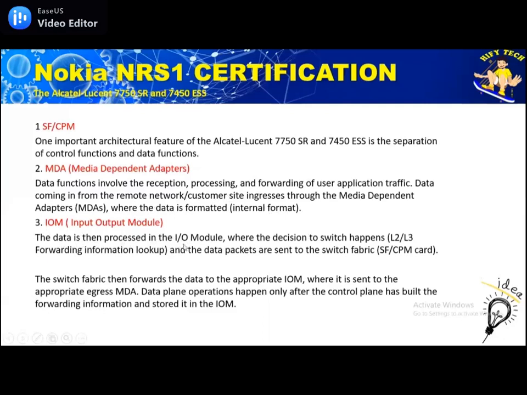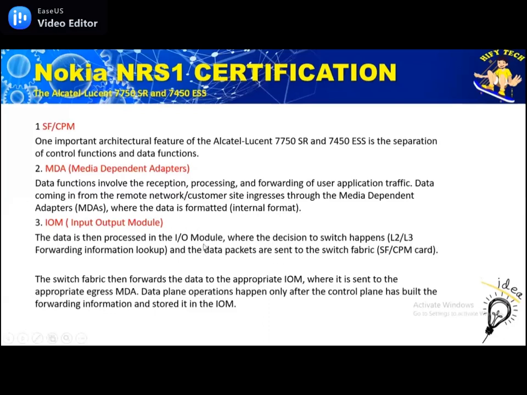The data is then processed in the IOM, where the decision to switch happens, like whether it's layer 2 or layer 3. Then it forwards the information, and the IOM also keeps the forwarding information. The data packet is then sent to SFCPM.